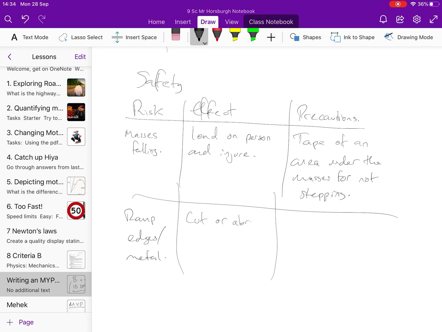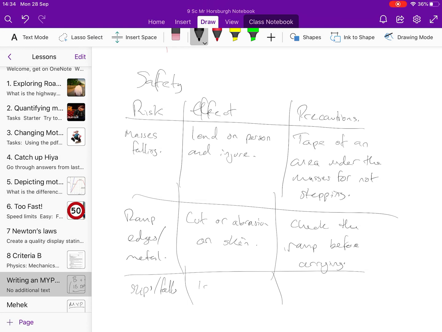Cut or abrasion on skin. Precautions, check the ramp before carrying. And then there's always a standard one of like slips and falls.